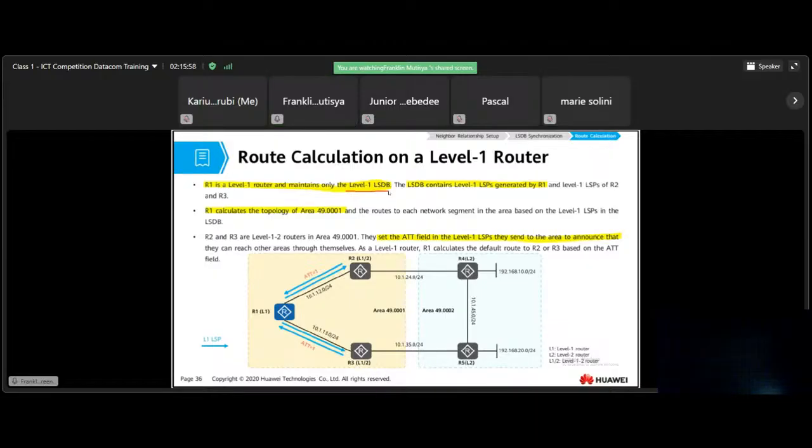Now, there's something about link state databases that we mentioned in OSPF. We said they are the basis for SPF calculations, shortest path first. So for us to be able to perform those calculations, we have to maintain a link state database.